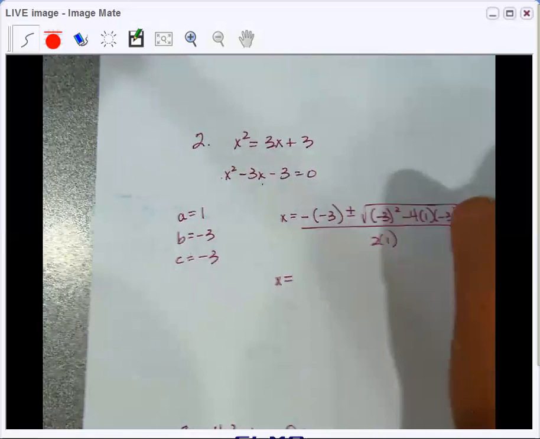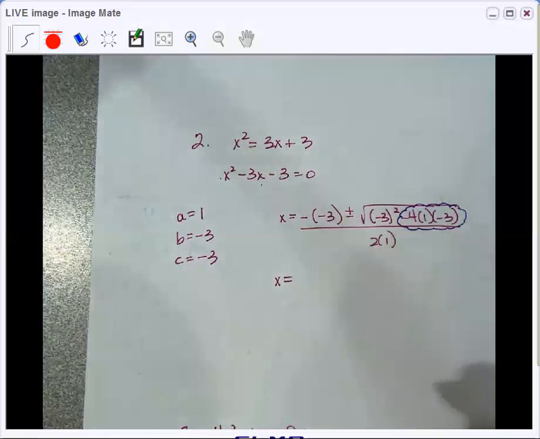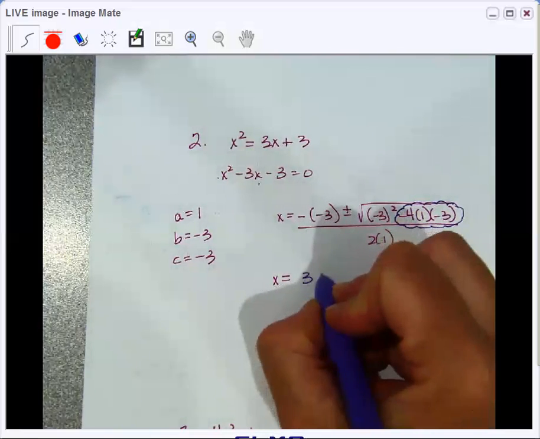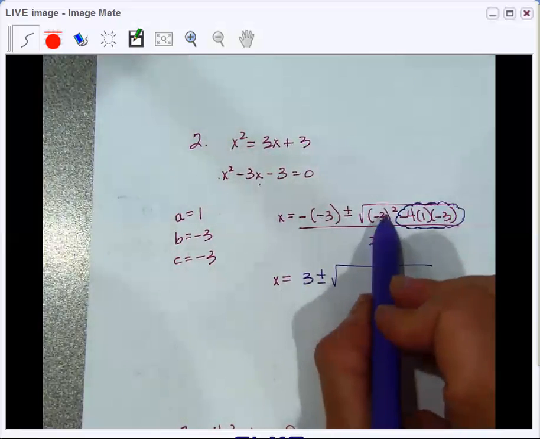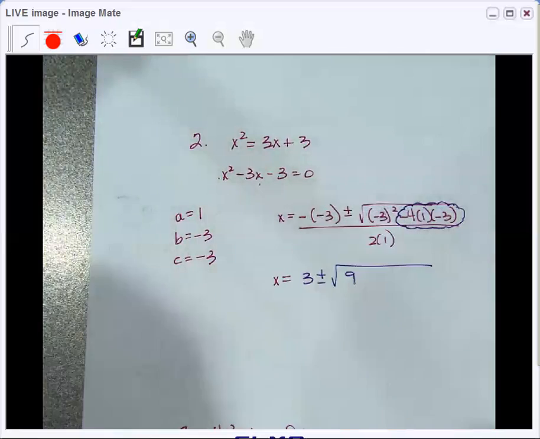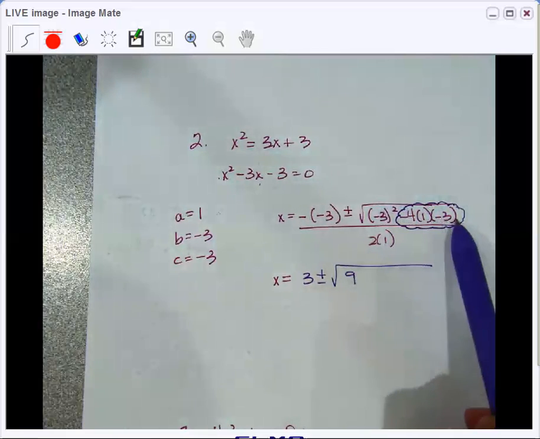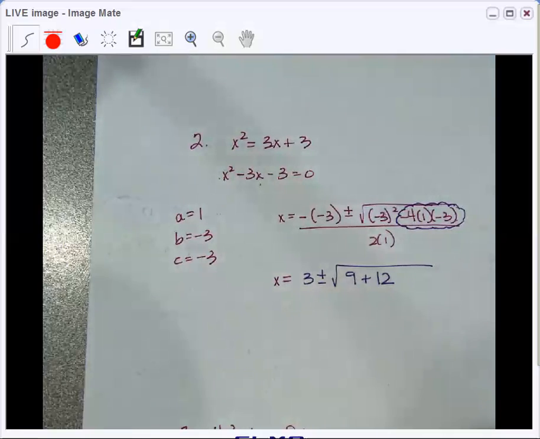Yep, right here. This is where most people are going to screw up. Okay, so the opposite of a -3 is a +3 plus or minus the square root. Remember, once we square a negative number, it's going to be positive. So you should have gotten a positive 9. And then if you put all of this into your calculator, you're going to end up with a positive 12, not a negative 12.